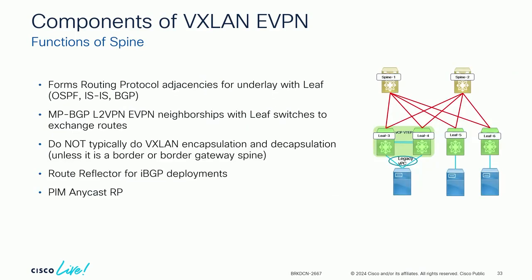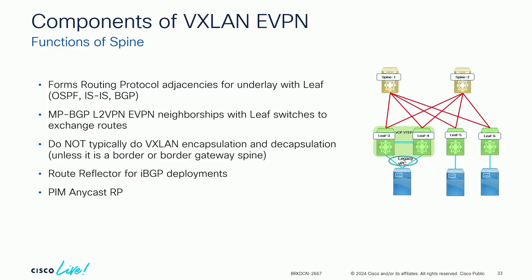Now the spines, as I said, are different. The interesting thing about the spines is unless they are a border device, they do not run VTEPs. They are IP forwarders, and I'll explain that in a moment here. But it's important to recognize that the spines run one of these underlay routing protocols. They establish relationships with all the switches for the purpose of exchanging routes, and they do that because they act as a route reflector.